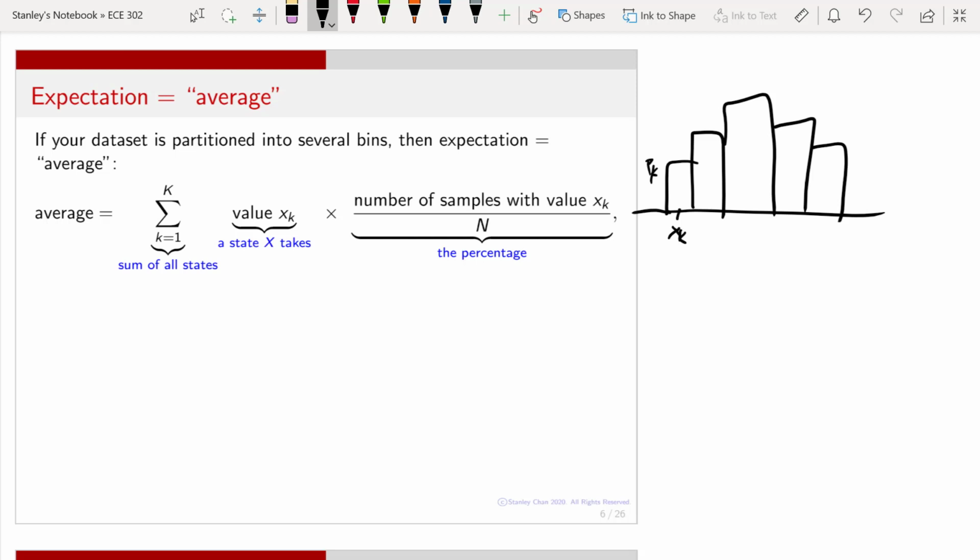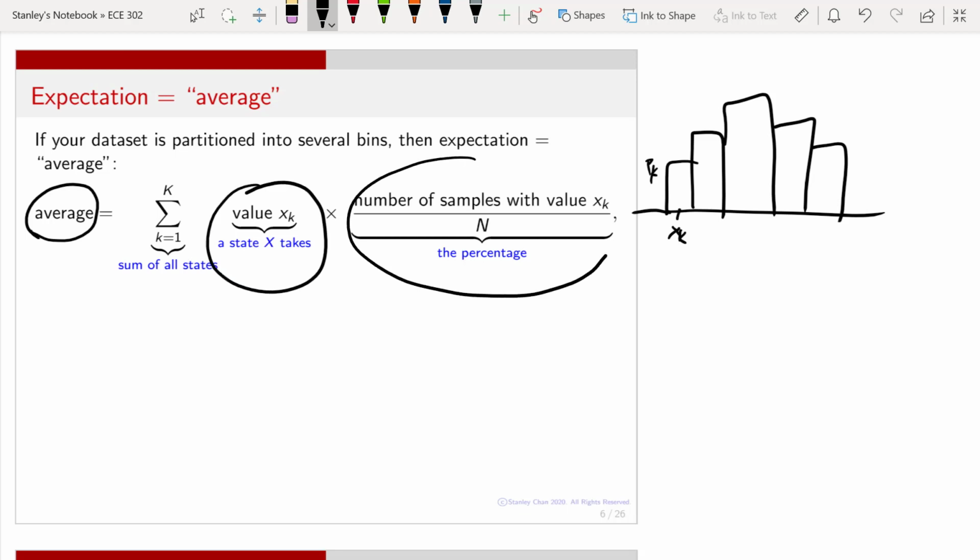You multiply them together, you sum them up, that will give you the average. And so if you look at this empirical average, which is the average I can calculate from the histogram, it is more or less exactly the same as the probability mass function, which is the value x times this proportion, or what we call the percentage. We multiply them, and then we add them up.